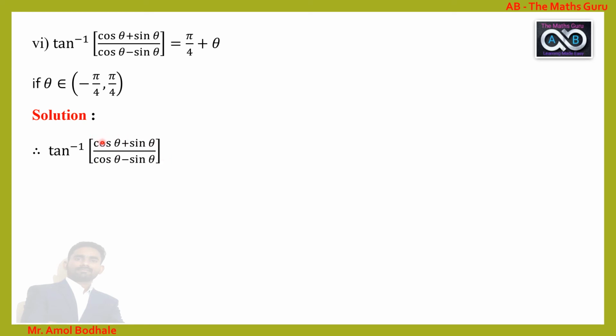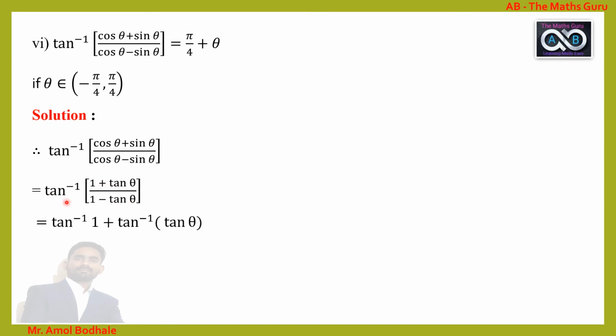Here we will divide the numerator and denominator by cos theta. Then we get cos theta upon cos theta, which is 1, and sin theta upon cos theta, which is tan theta. Now this is 1 plus tan theta upon 1 minus tan theta.